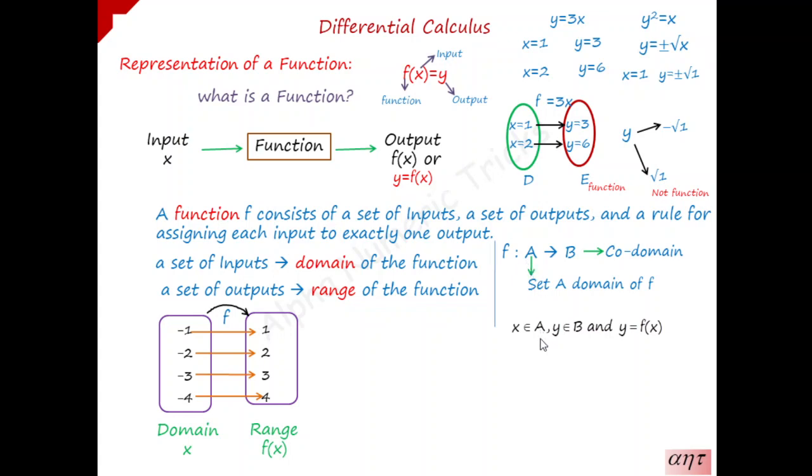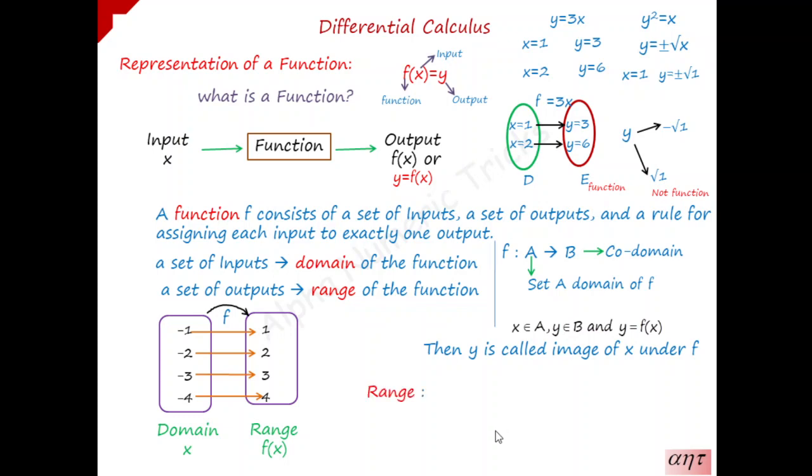Suppose x belongs to the set A and y belongs to the set B, and you can write y is equal to f of x. That is, each element of A is mapped into an element in B. Then y is called the image of x under f.